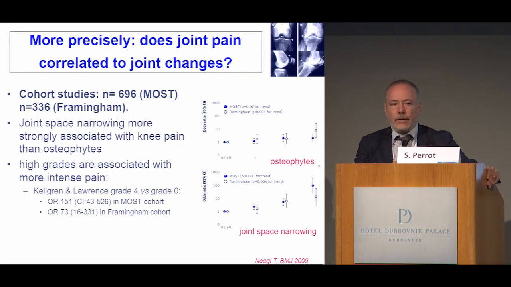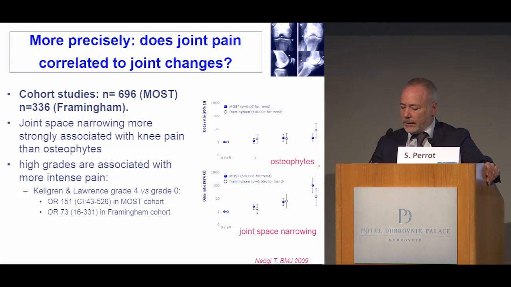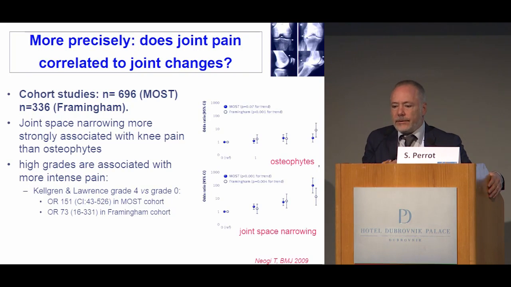And in these cohorts, the authors have looked at the correlation between joint damage that was defined with the Kellgren-Lawrence score that has two subtypes. One is joint space narrowing, the other one is osteophytes. And they were able to demonstrate that pain intensity was not correlated to the presence of osteophytes.